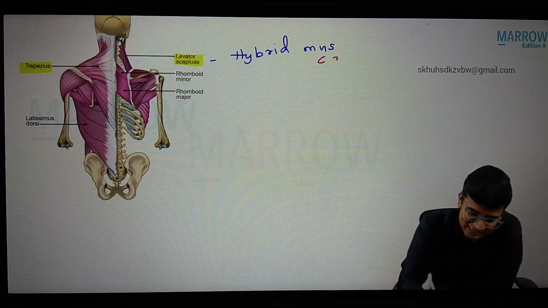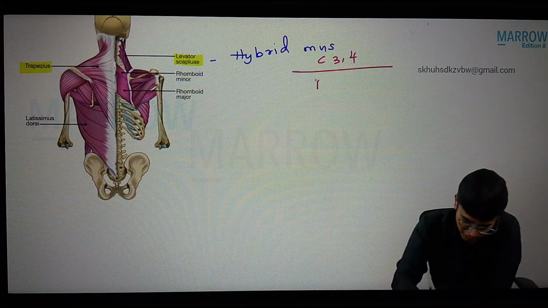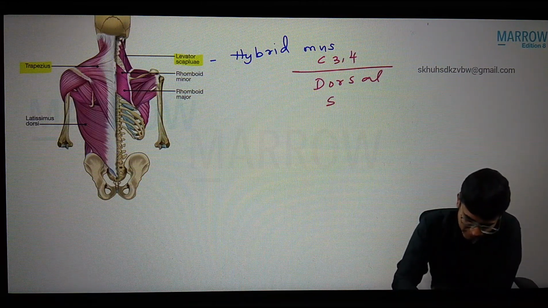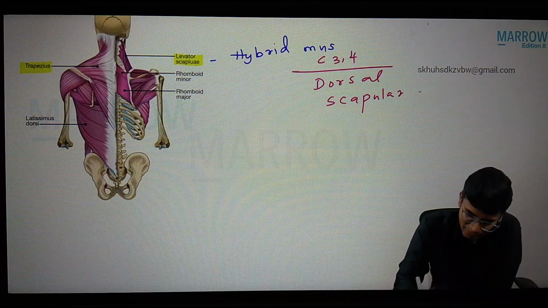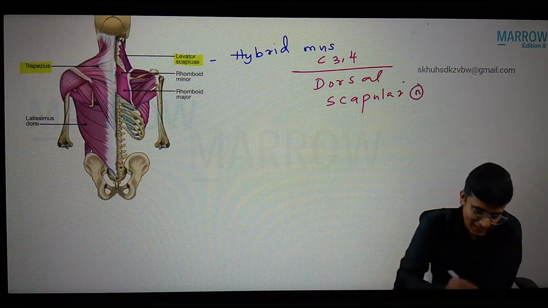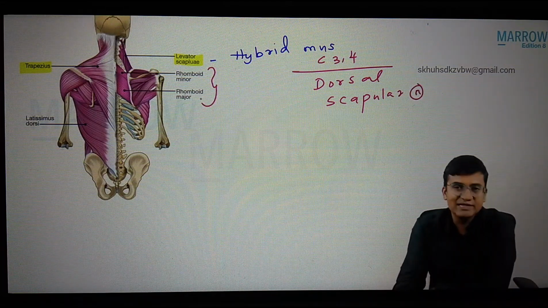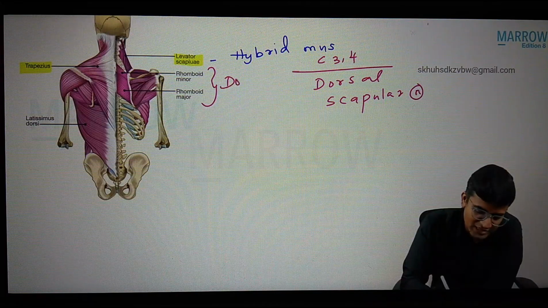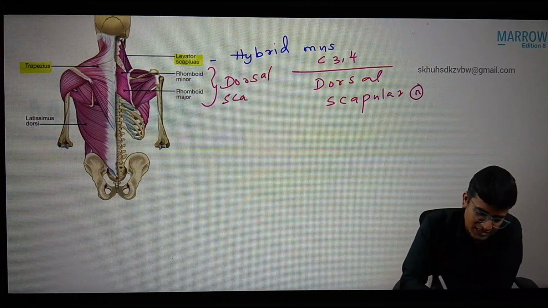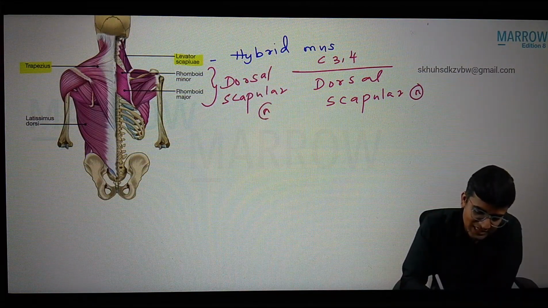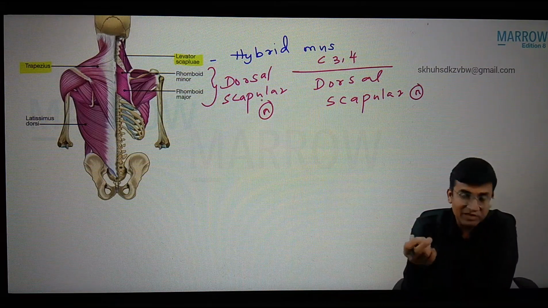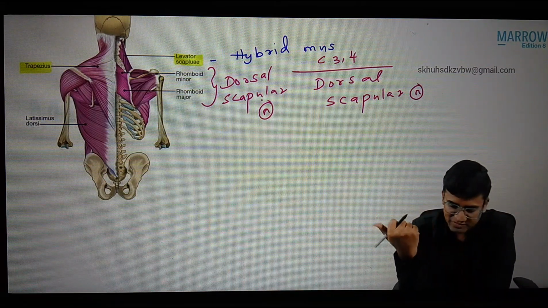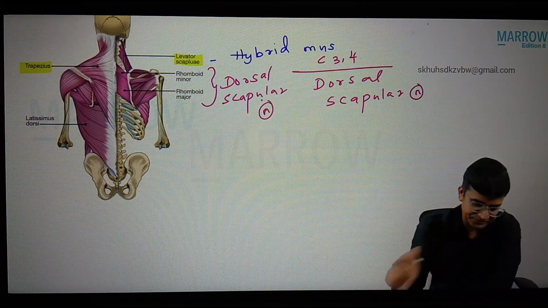It is supplied by C3, C4 fibers and also by the dorsal scapular nerve. Rhomboides minor and major are also supplied by the dorsal scapular nerve. So the dorsal scapular nerve supplies levator scapulae, rhomboides minor and rhomboides major.